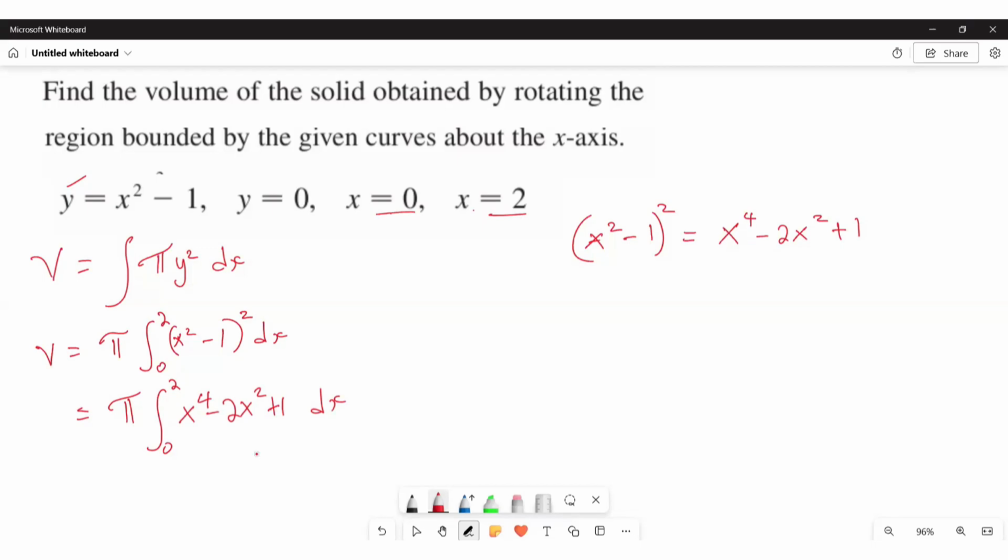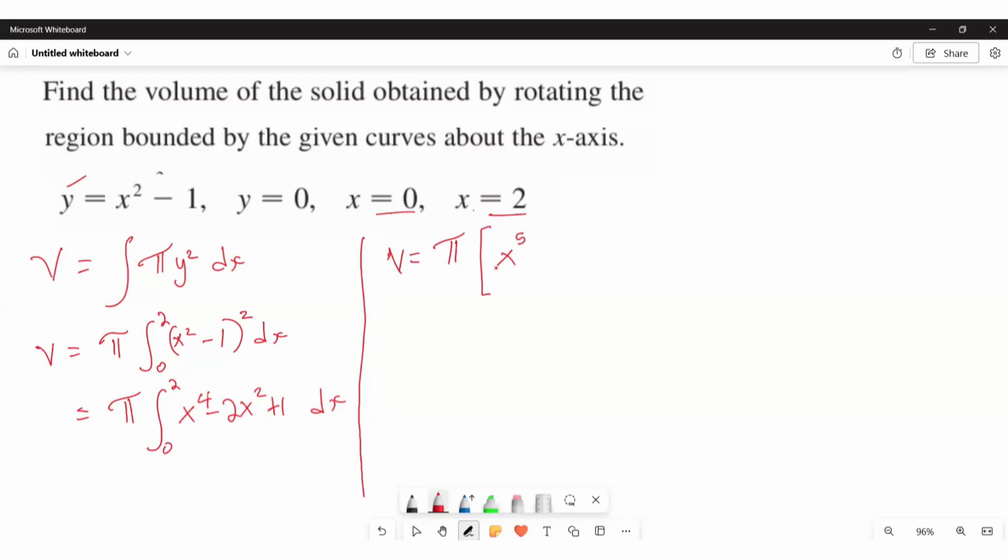So we're going to try to integrate this right about now, okay? So let's get into that. So let us apply ourselves here. In doing so, volume is going to equal, leave the pi outside. We're integrating now, right? So we're going to add 1 to the power of 4, making it to the fifth, and then we divide by that new power, okay?